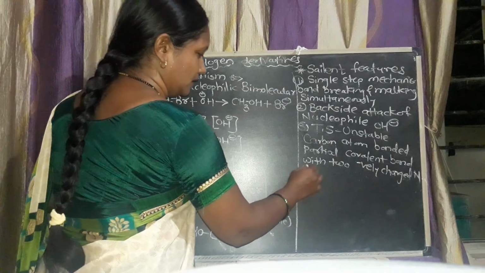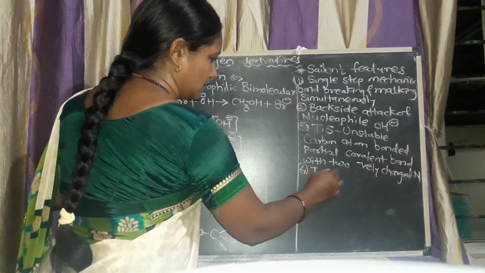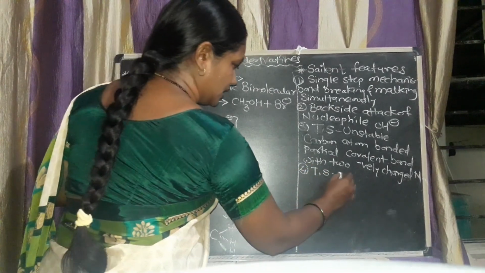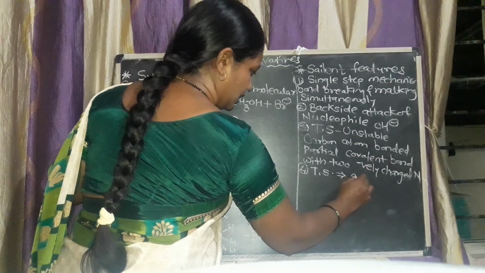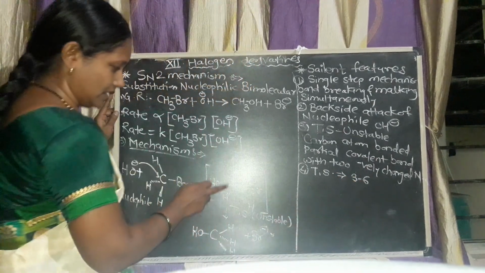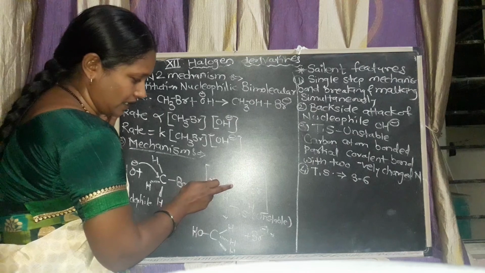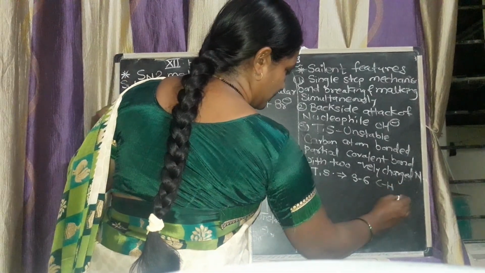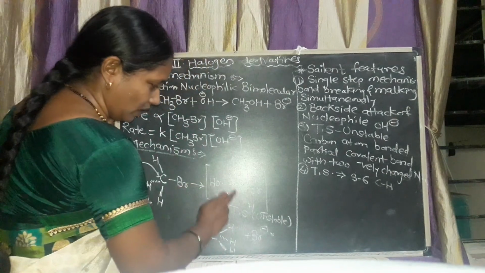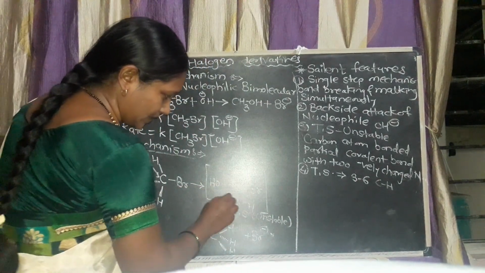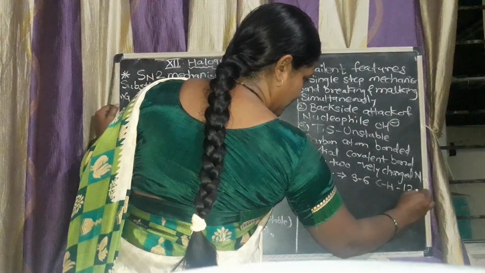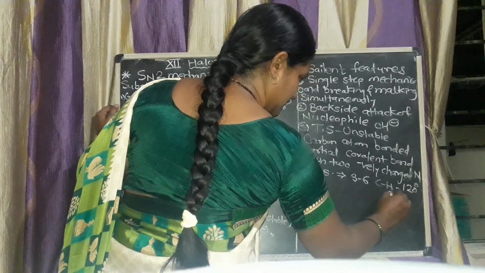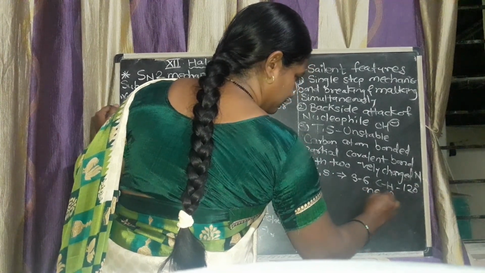Now fourth one is also about the transition state. In this transition state, the three sigma bonds are present with hydrogen, carbon and hydrogen. It contains three sigma bonds, and they are present at 120 degrees and in one plane.